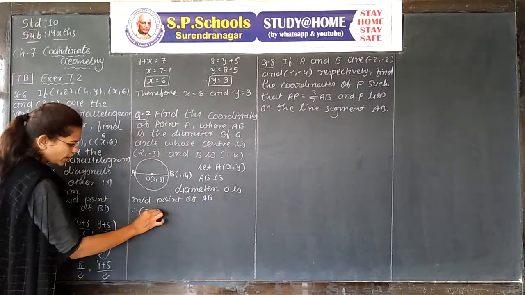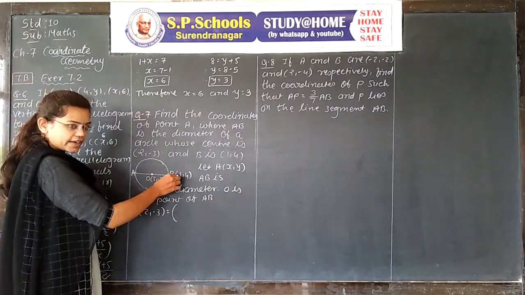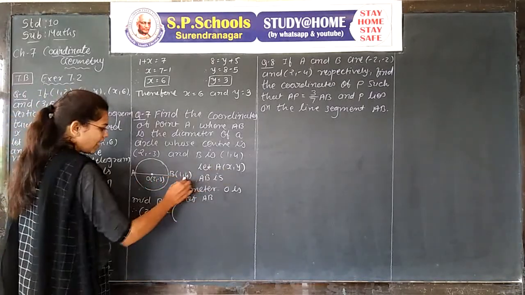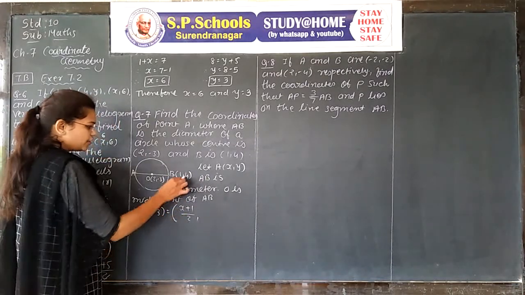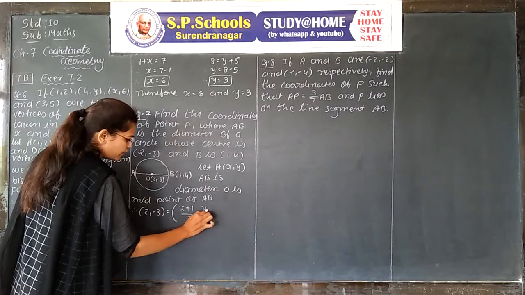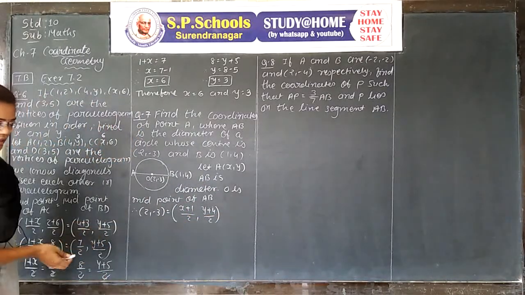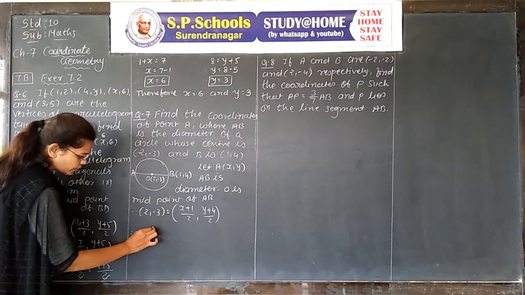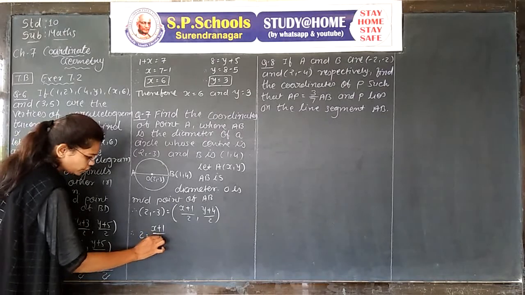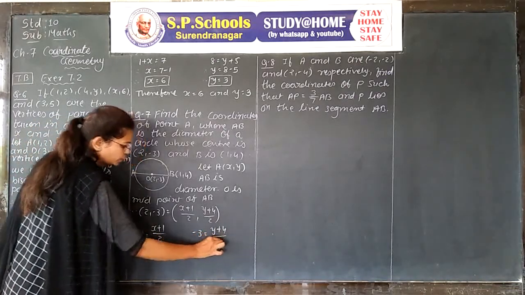Therefore, (2, minus 3) is obtained by addition of x coordinates of A and B, A is x and B is 1, (x plus 1) upon 2, and addition of y coordinates, (y plus 4) upon 2. Now we compare x coordinate with x coordinate and y coordinate with y coordinate. 2 is equal to (x plus 1) upon 2 and minus 3 is equal to (y plus 4) upon 2.